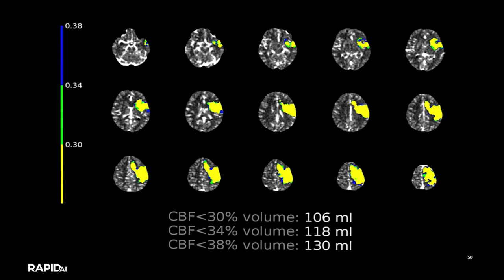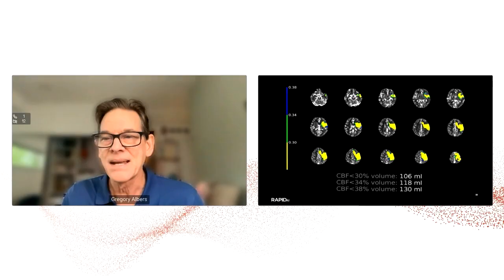And we don't want to overcall that. So we put in the mismatch map a more conservative value to try to avoid overcalling tissue to be dead, because we certainly wouldn't want to treat a patient because we thought a lot of tissue was dead and it actually wasn't dead. So this is how the 30% came about. It's a conservative threshold. Now, there's one exception where we don't want to use the 30%.